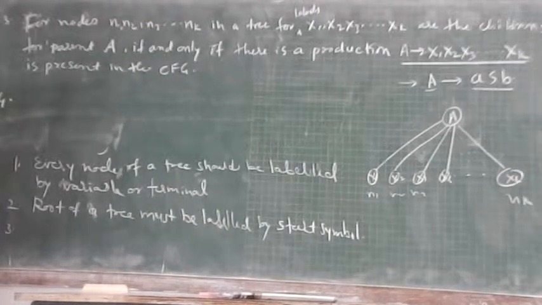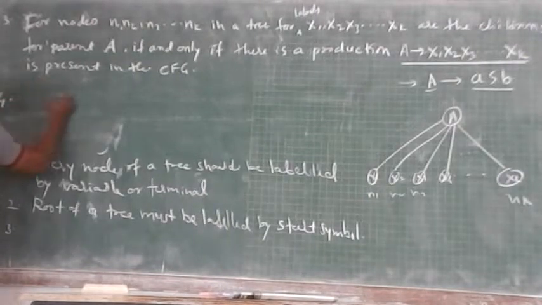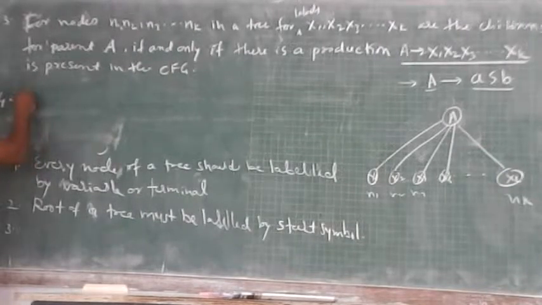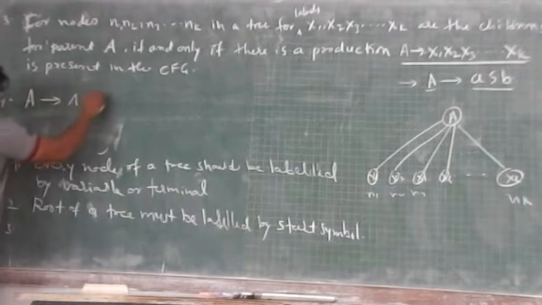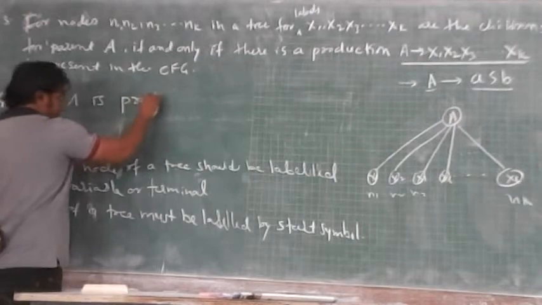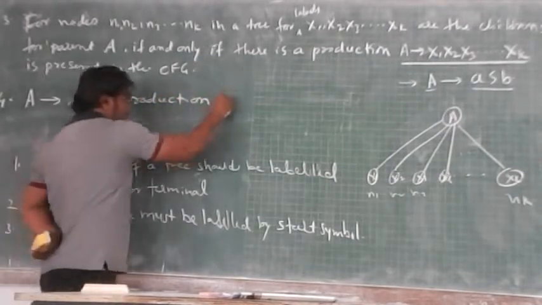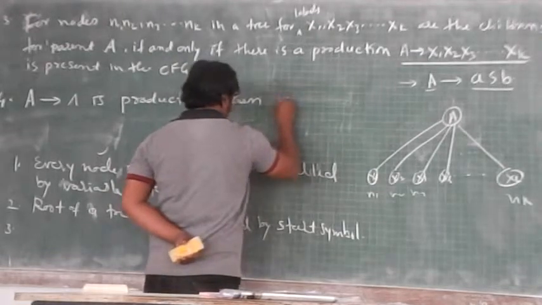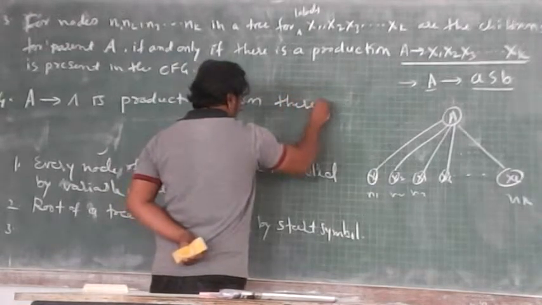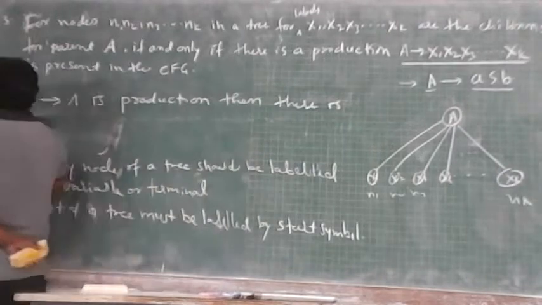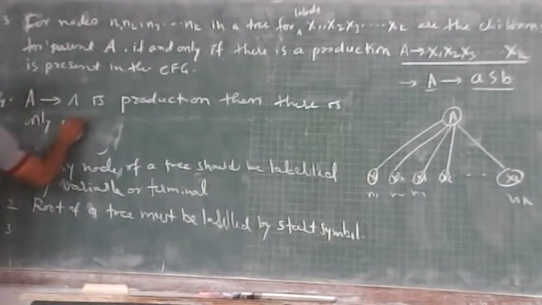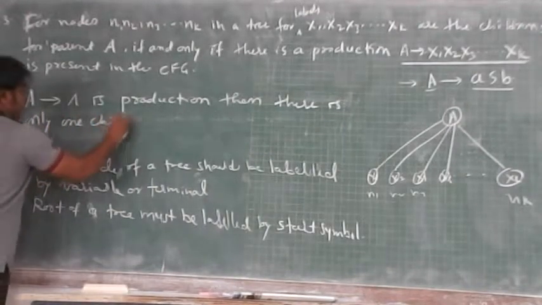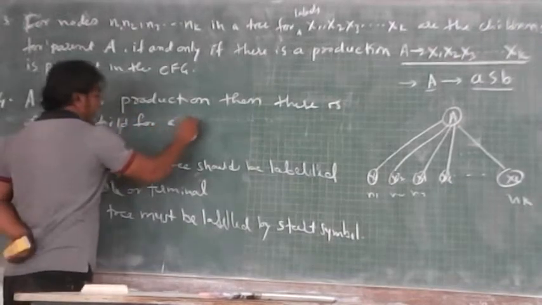Fourth, if A implies null is a production, then there is only one child for a parent.